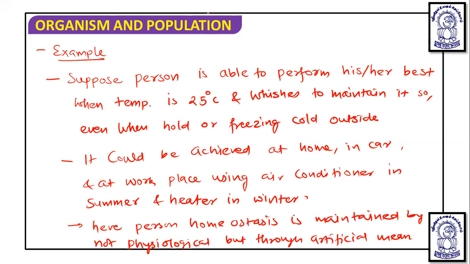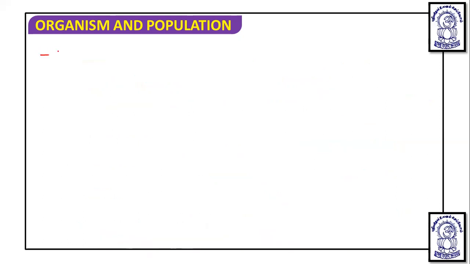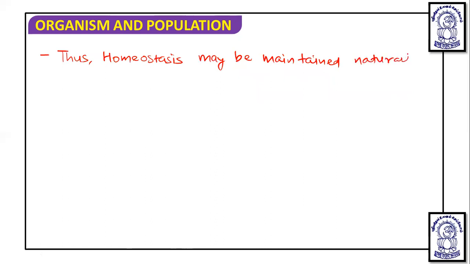So these are artificial ways to maintain homeostasis. Thus, homeostasis may be maintained naturally or artificially.